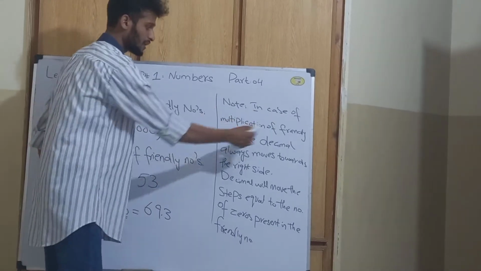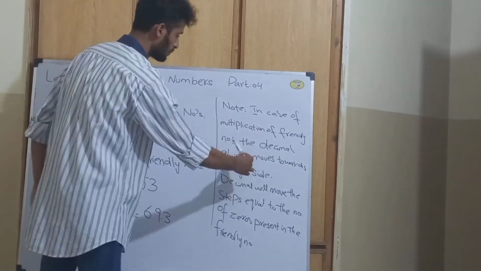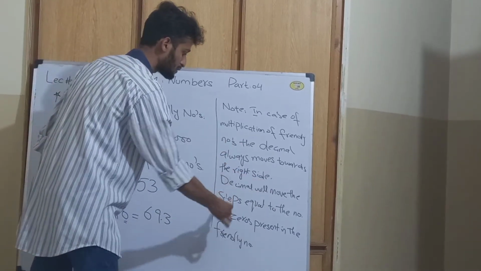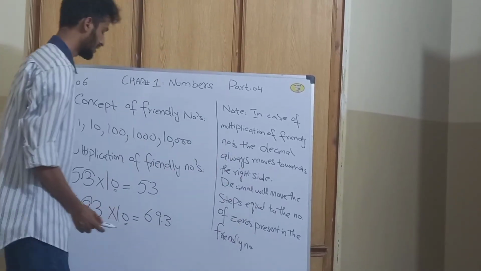So in case of multiplication of friendly numbers, the decimal always moves towards the right side. The decimal will move the steps equal to the number of zeros present in the friendly number.